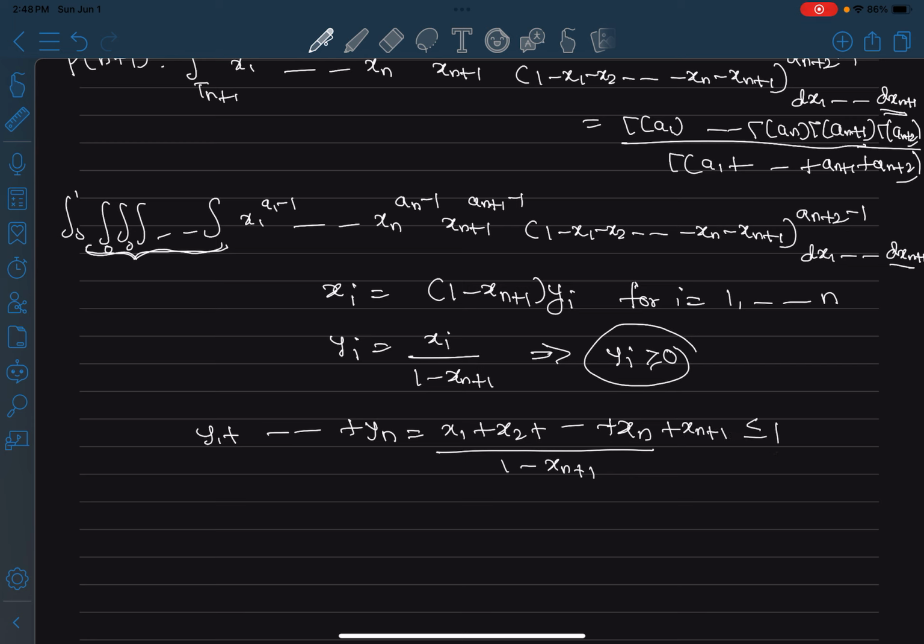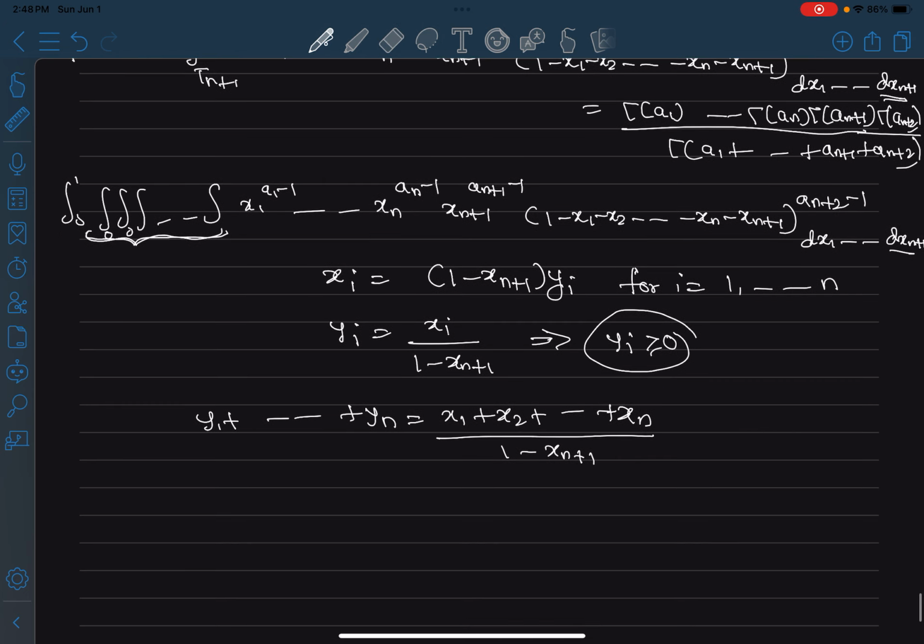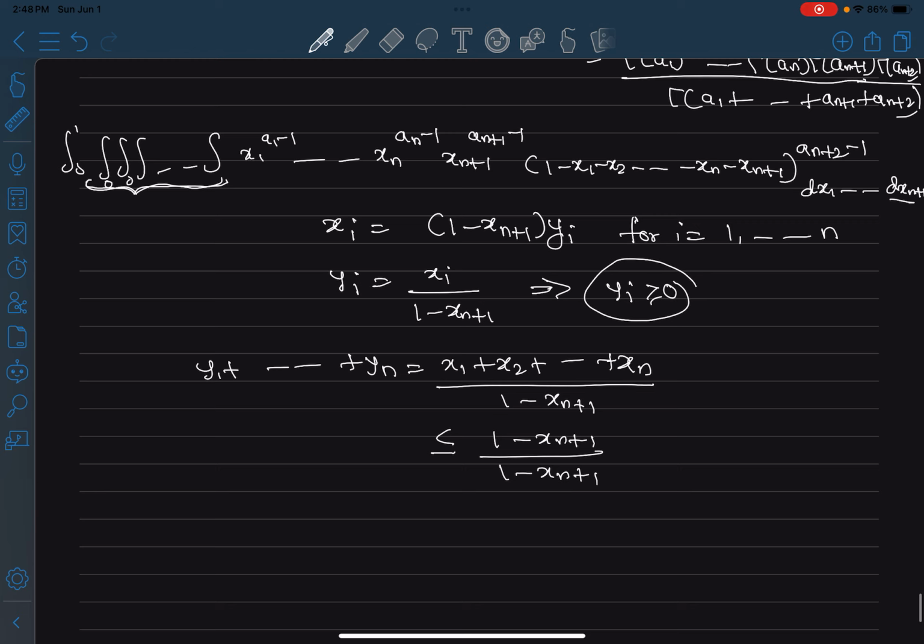So from the definition of the n+1 dimensional simplex, the numerator is less than or equal to 1 minus xn+1. The denominator has the same thing, so we see that the sum y1 up to yn is less than or equal to 1, and also each yi is greater than or equal to 0, right?